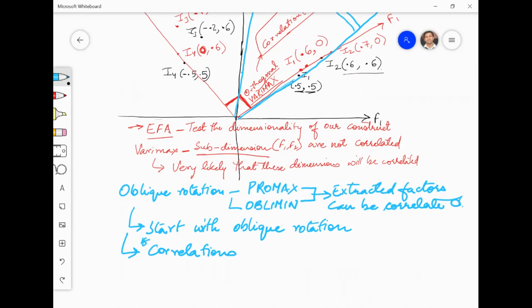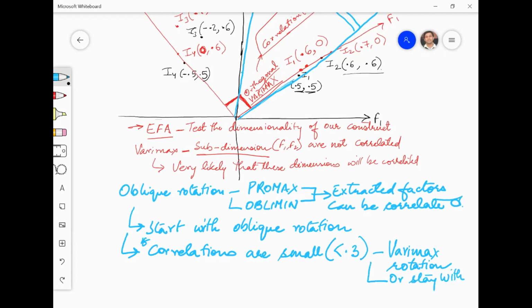If correlations are small, say less than 0.3, you can go for varimax rotation. It is not necessary, or you can stay with the oblique solution.